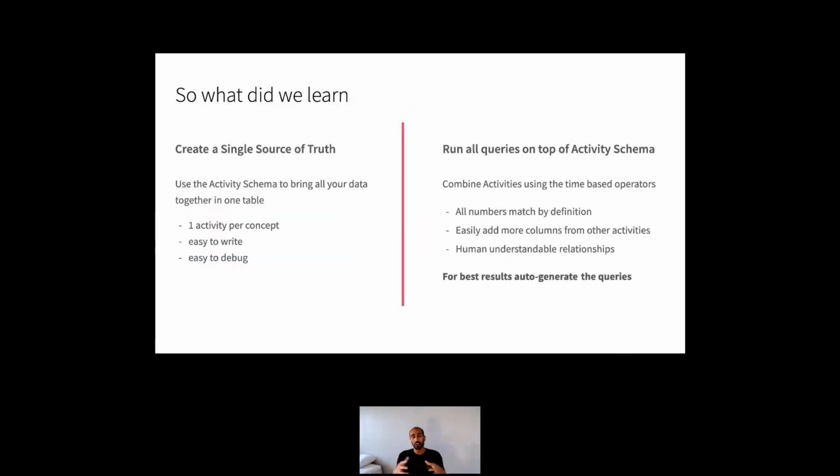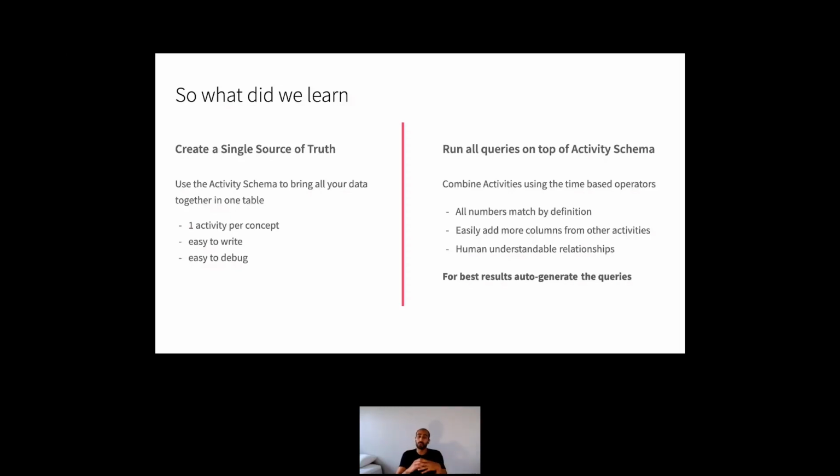And putting this all together, we can actually learn a little bit about this value. By just creating a single table, we can actually create a single source of truth. From this one 11-column activity schema table, you're able to simply define your concepts as tiny little SQL snippets. Super easy to write, super easy to debug, no data dictionary needed, no dependency manager needed.